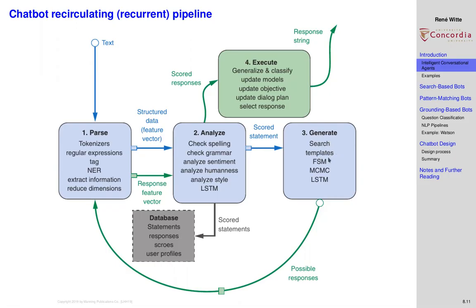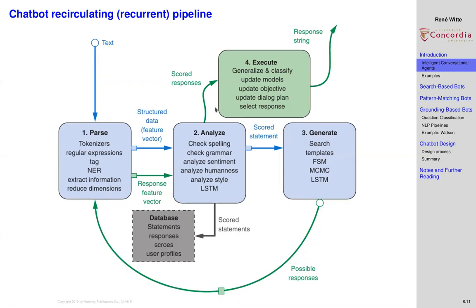We try to generate some answers for it. Depending on the technique, it could be a search in a knowledge graph, it could be template generation and so on. You could even have multiple of these techniques applied in parallel, and each of them would generate a response. Then you can compare the different response candidates against the input question and score them to find out which one could be the best.